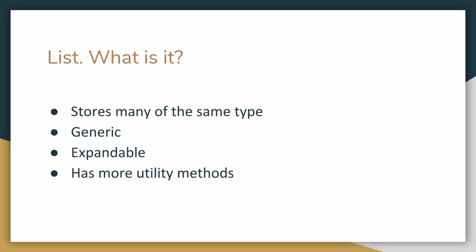And the thing about this compared to an array is that an array is fixed size, and if you need to expand an array, you will have to create a new one, copy elements of the old array, and transfer them to the new one. That's how you add elements to an array when it's above its size.